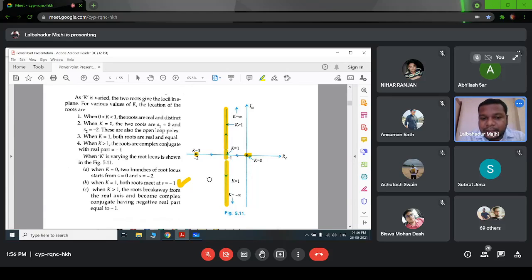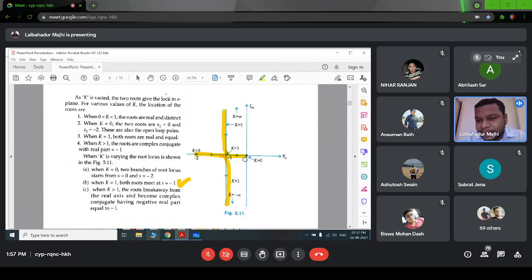But the real part will always be -1, so it will go in this direction. We can see our roots are moving in this direction and another root is moving in this direction.